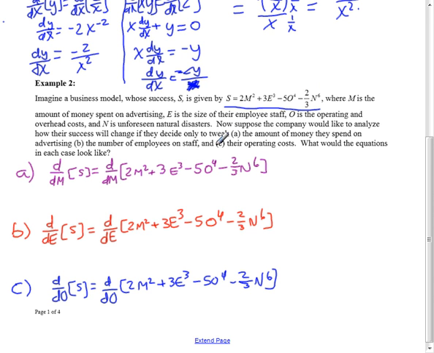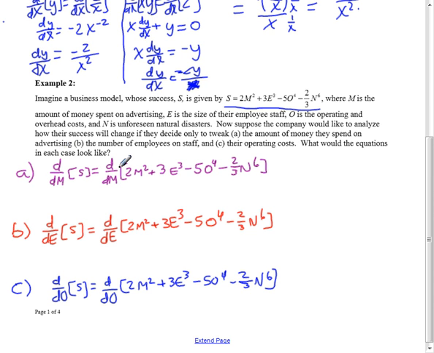So if we want to analyze the success, we're trying to figure out how the success will change if we tweak the amount of money. So we're going to try to take the derivative of the S function, and we have to show that we're doing it to both sides, with respect to M.